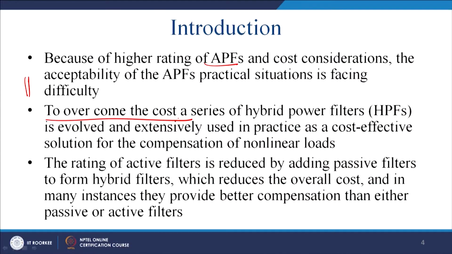For this reason, to overcome the costs, the series hybrid power filter has evolved and is extensively used in practice as a cost effective solution for the compensation of nonlinear loads. So, you have fifth harmonic and seventh harmonic voltages and you can do this series compensation.